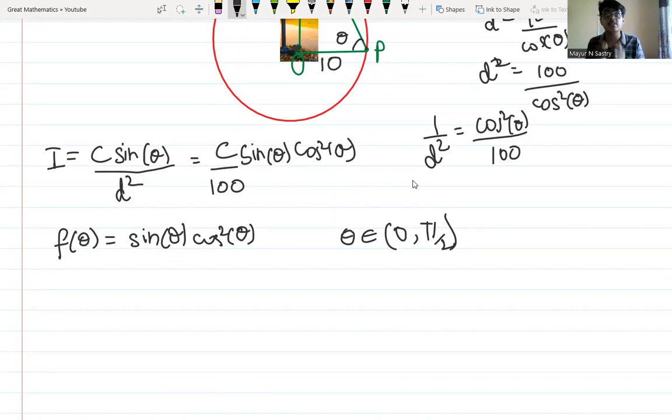So now, first thing we need to do to maximize this function is to find the points where the derivative is equal to 0. Before we do that, we need to find the derivative.